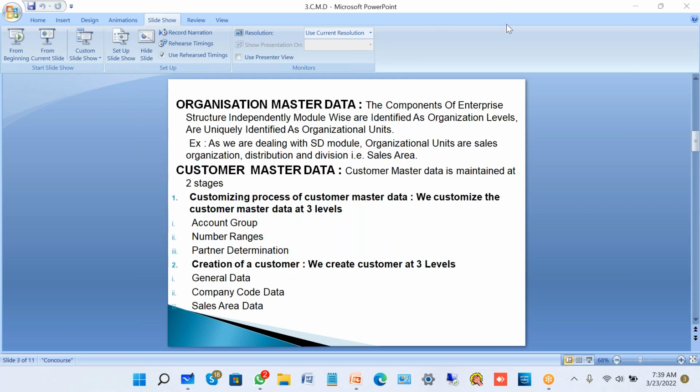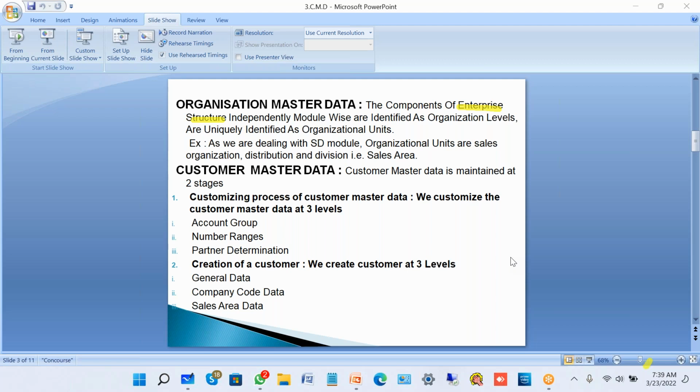What is organization master data? You can speak these lines. The components of enterprise structure. Here, you need to understand enterprise structure as a word, and you need to understand organization unit as a word. You need to understand organization levels as a word.